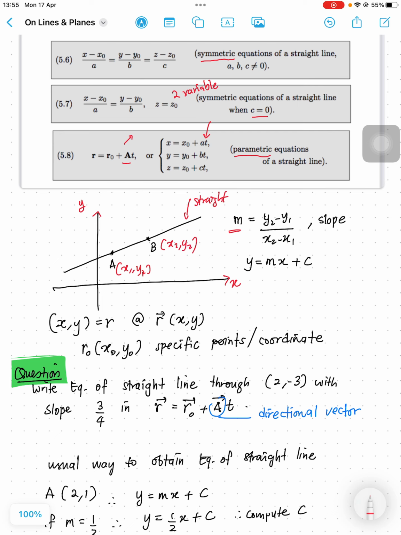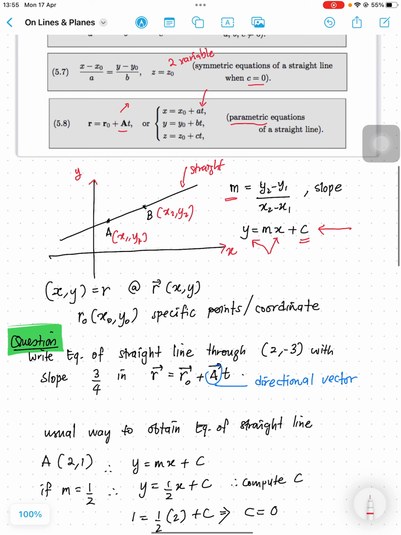So your slope would be y2 minus y1 over x2 minus x1. And finally, you can get your equation of straight line, y equals to mx plus c. And you can always compute c. How? You choose a specific point, either A or B, and you substitute in here, and then you can compute your c.